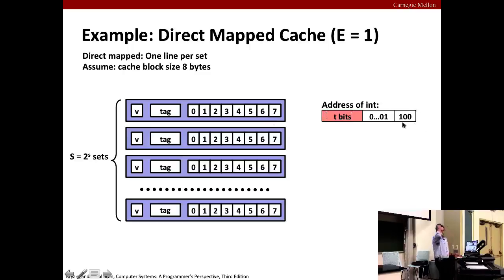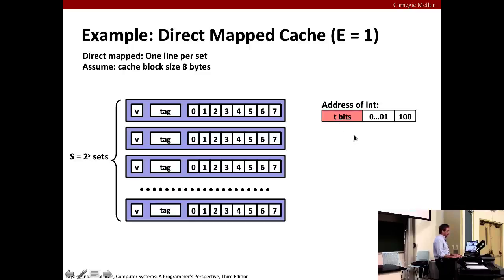The CPU sends that address to the cache. The cache takes that address and breaks it up into these three fields. For this particular address, the block offset is 4, the set index is 1, and then there are some tag bits, which we'll denote with the color pink.